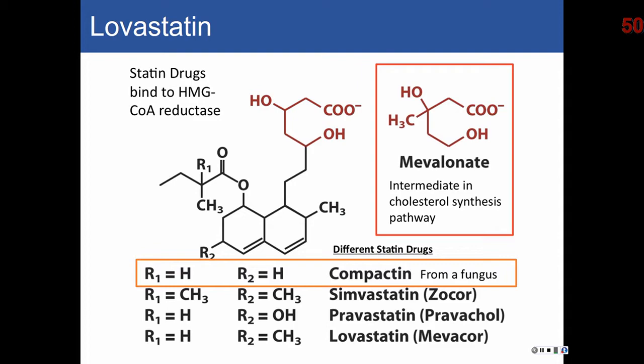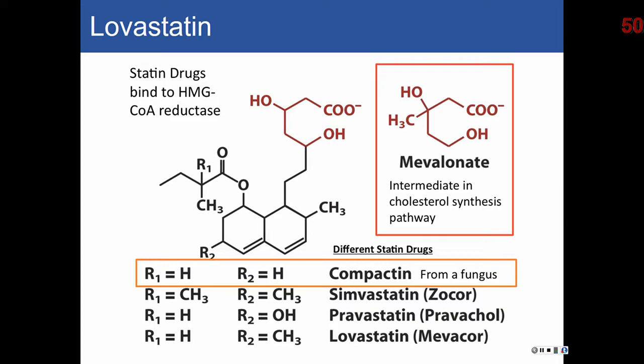So here's lovastatin, and here's a couple different statin drugs. Here's lovastatin down here. Here's our intermediate in the cholesterol synthesis pathway. And so we can see, here's our different drugs, and this just tells you what your R groups are. We have a mimic. So we're going to mimic the transition state. And lovastatin is going to come in and mimic that transition state and block the transition state.